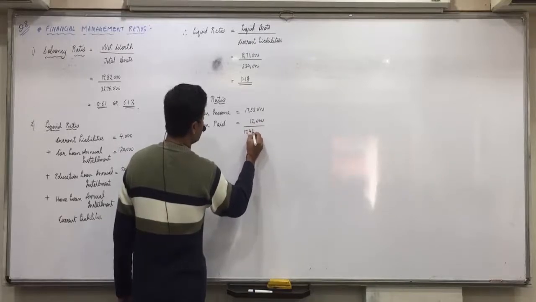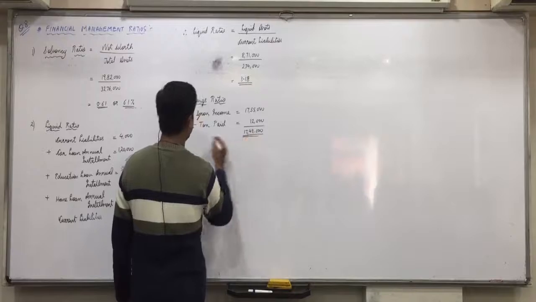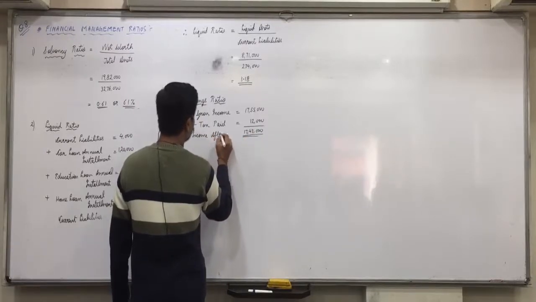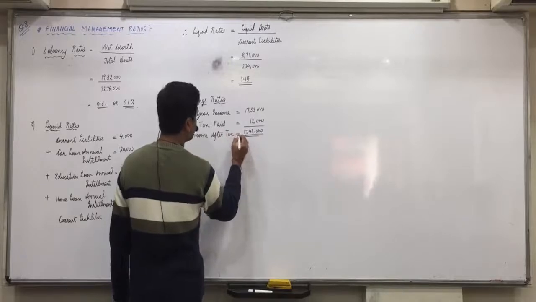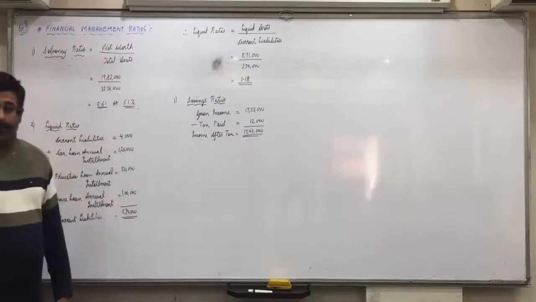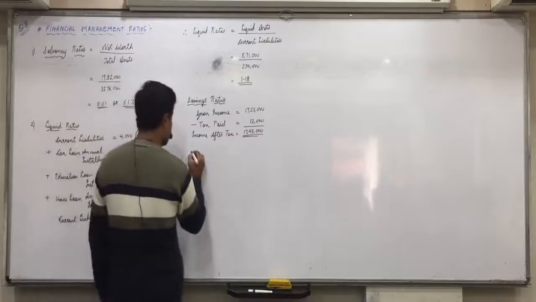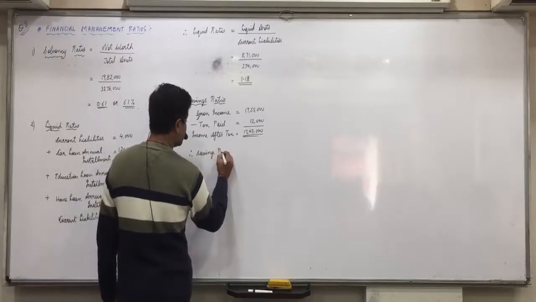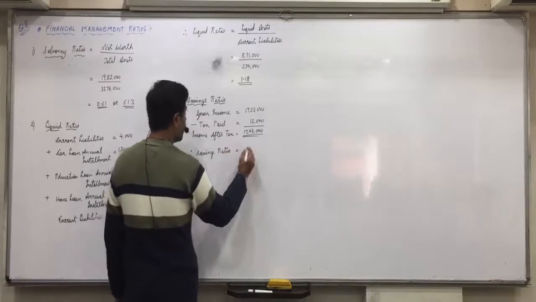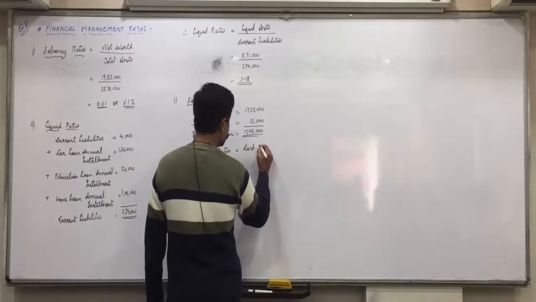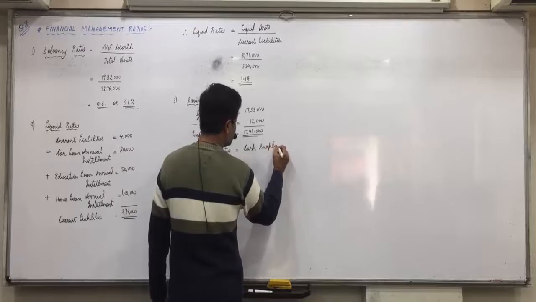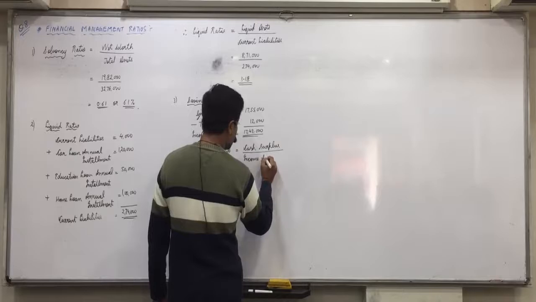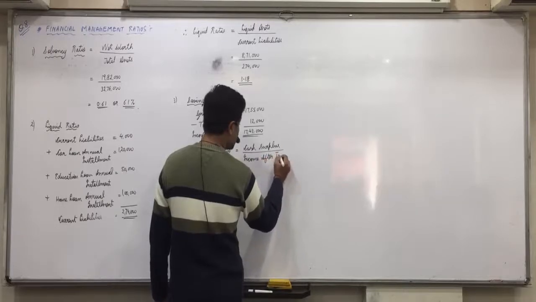So 17,43,000 is income after tax. Okay. Therefore, savings ratio is equal to cash surplus divided by income after tax.